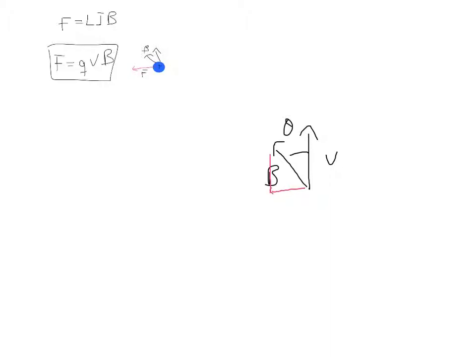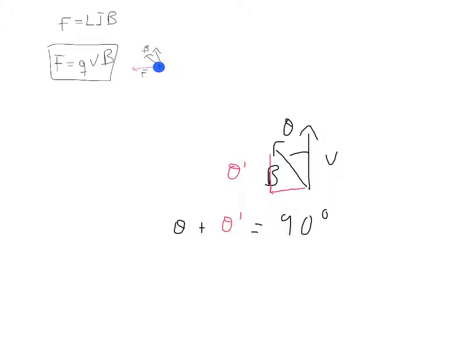Now, if you know anything about angles, you know that theta plus this angle here, let's call it theta prime, has to be 90 degrees. So if this is theta prime, we know that theta plus theta prime equals 90 degrees.